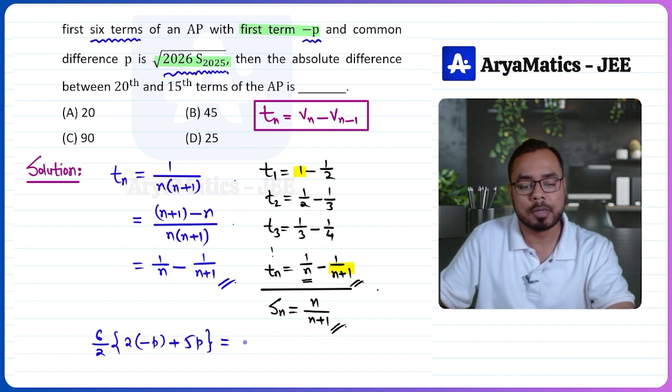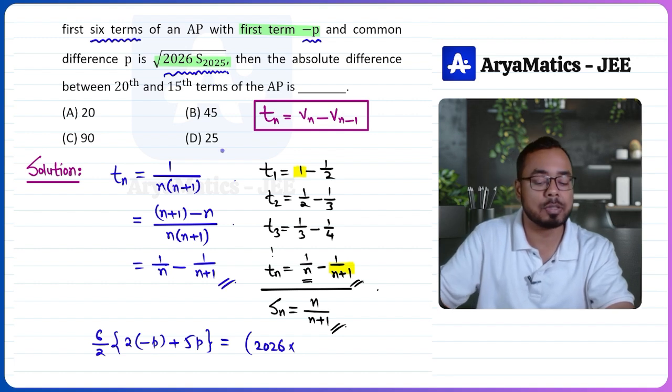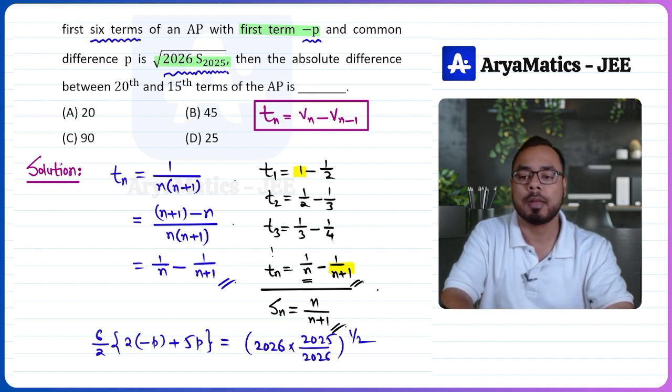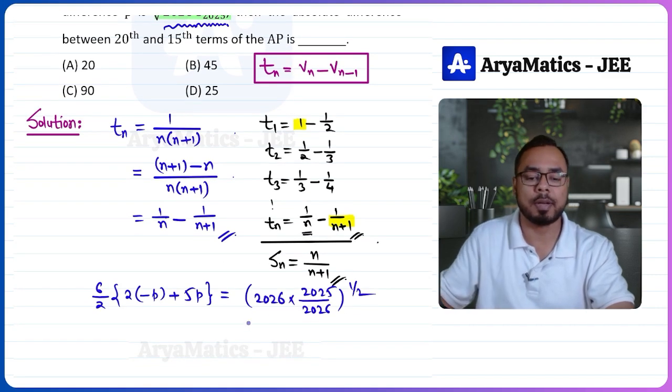This sum is the square root of 2026 multiplied by S2025. Now S2025 means 2025 divided by 2026, raised to the power 1/2. By solving this we need to find the value of p.